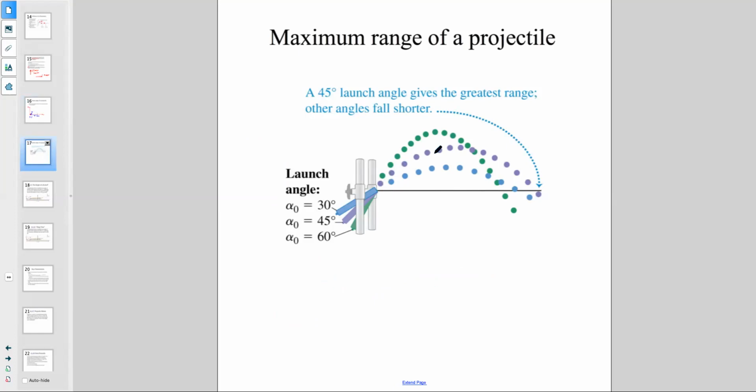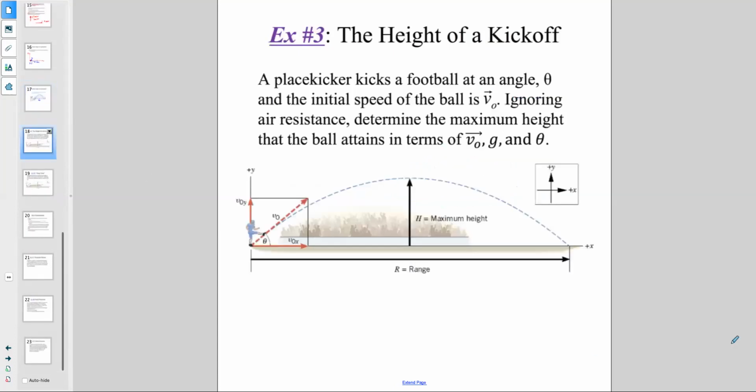This purple color that you see here, with an angle of 45 degrees, will give you the maximum range. Meaning this range along the x direction will be maximum for this ball. Okay. All right.